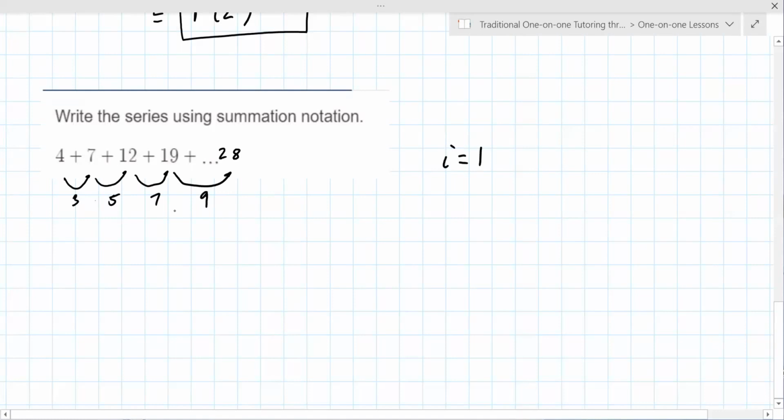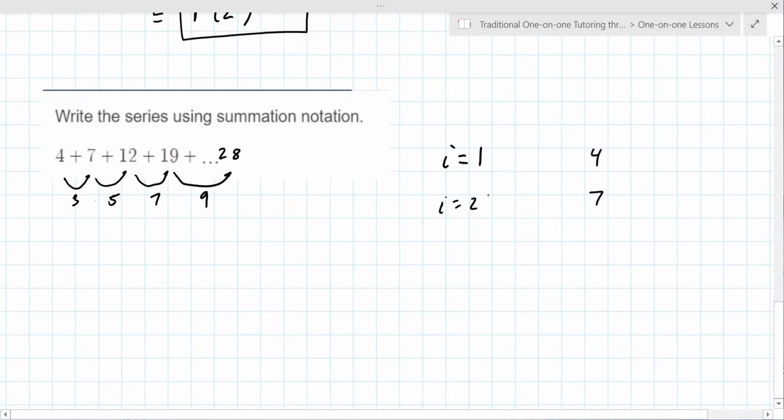But the question is, how do we make i equals 1 produce a 4, i equals 2 produce a 7, and so on. So it's like this game that you're playing each time to figure this out. The thing is, these are nicely going up.